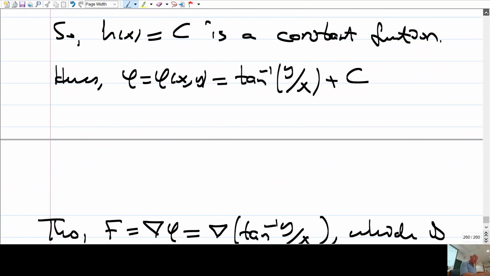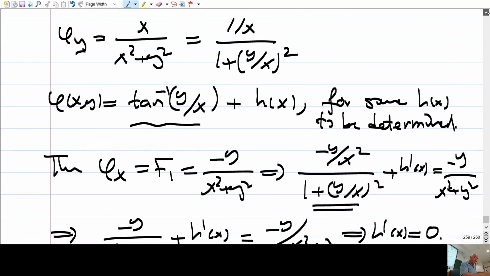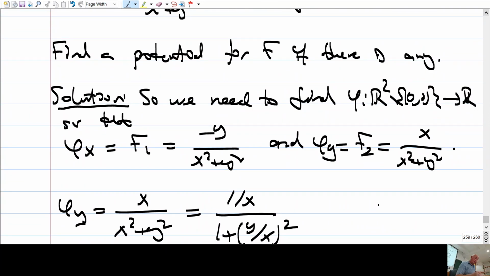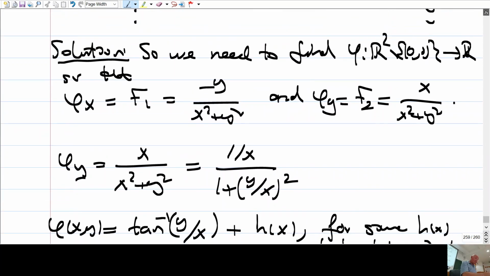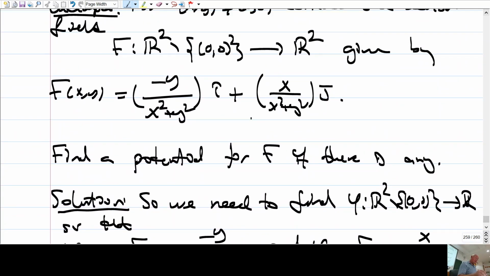You may ask the following: okay, this vector field has a potential only defined on a subset, not everywhere.